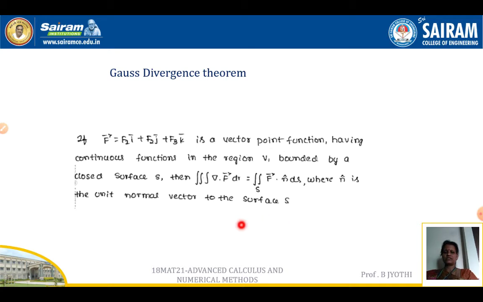This is the Gauss divergence theorem which we will be using in order to evaluate the integral, and the statement alone is sufficient. The proof is not required for this one.